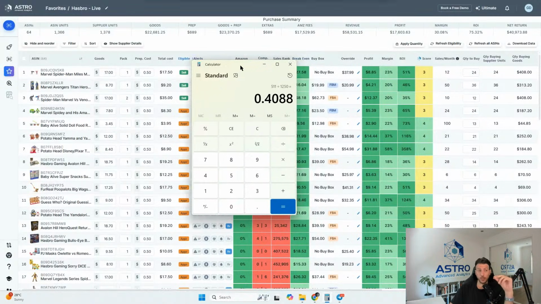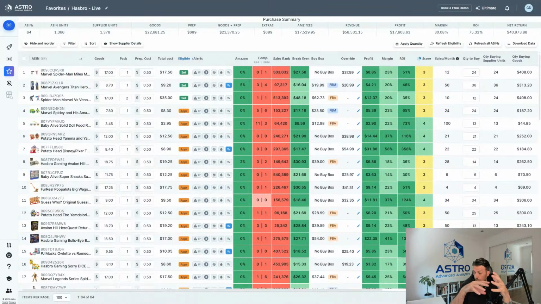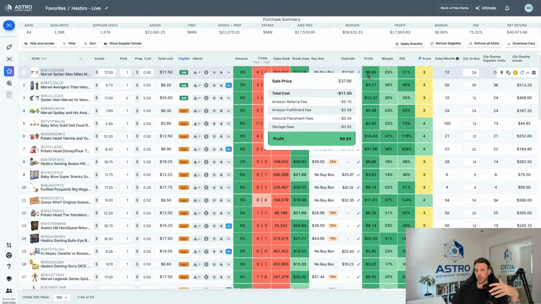Now, the next part of shipping is after the products get prepped and they get shipped to Amazon. This charge is calculated right in there, where you see the inbound placement fees. That's the average of what that gets charged. So if you're using Astro, and other tools have this as well, of course. Scanners don't have this, but other profit calculators that look at listings one by one do show this.